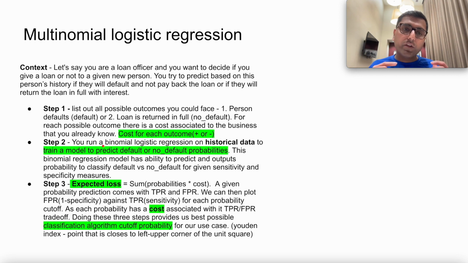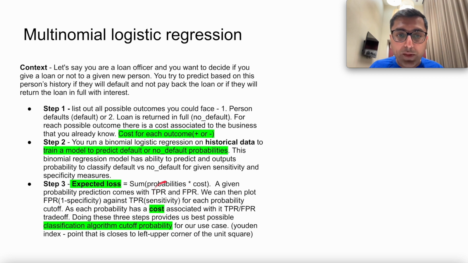And so you have to know what is that true positive rate and false positive rate. So once you run that step 2, you run this algorithm, it will also tell you the probabilities or the ability to predict a default or a non-default, but it also gives you the FPR and TPR, which is your true positive rate, false positive rate.